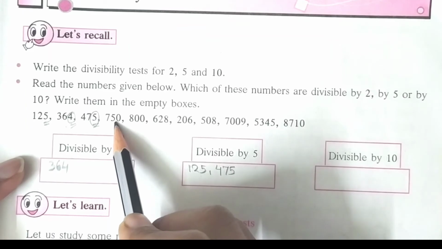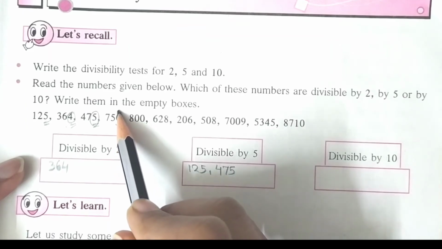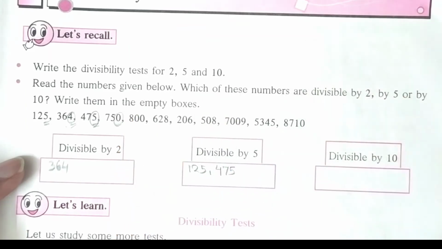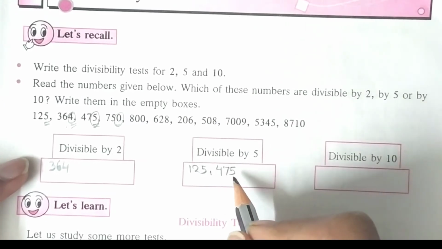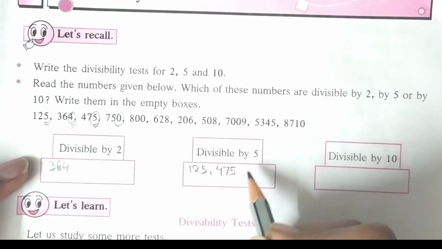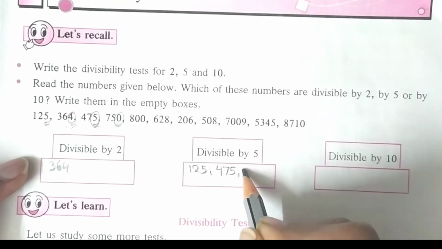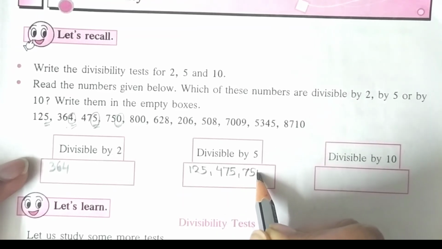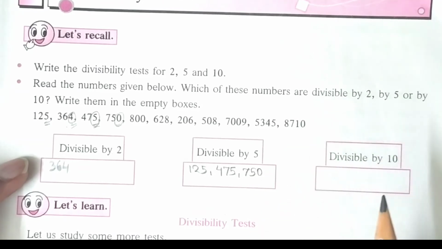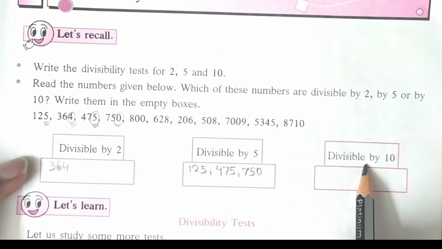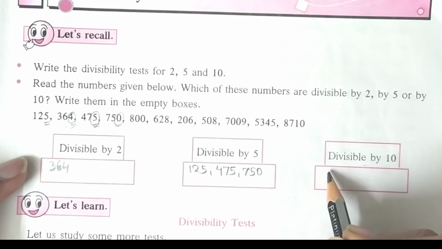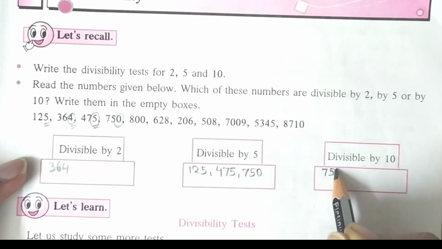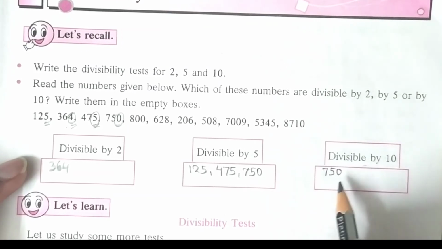Here unit place has digit 0, and when there is 0 or 5 in the unit place, then the number is divisible by 5. So we are going to write here 750. And in the test of 10 also, if there is 0 in the unit place, then the number is also divisible by 10. So just write here 750 in divisible by 10's table also.